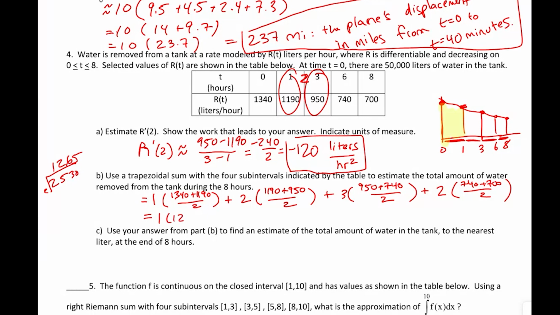So 1,265. Okay, the next one is 1190 and 950. 1190 plus 950 would be 2140. 2140 divided by 2 would be, let me think.